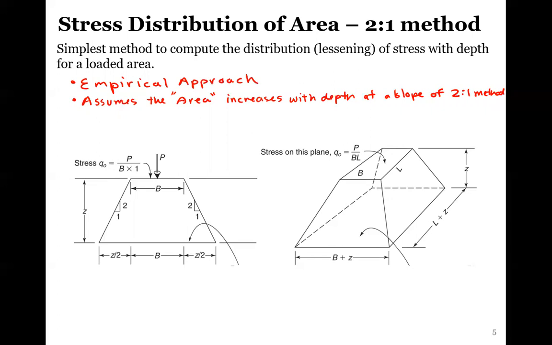So what we see is, of course, as the area increases, the stress decreases, which makes sense because we are getting further away from the point source or from the surface load.